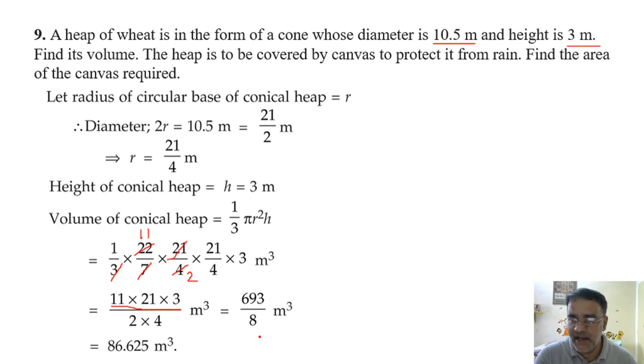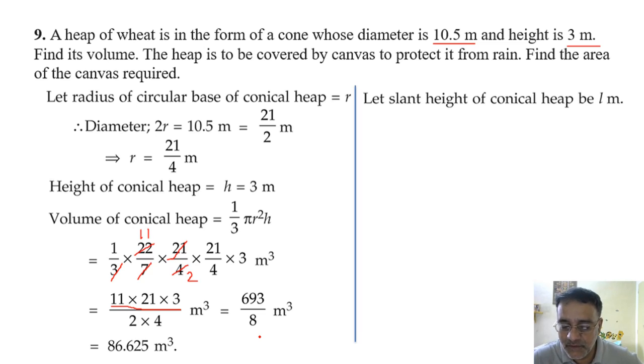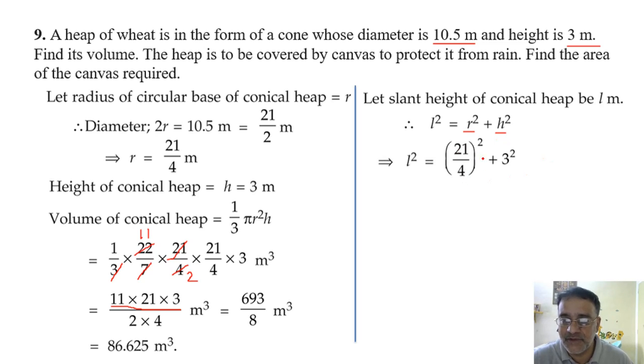No, sir. Now we have to find the area of canvas required to protect it from rain. So for that we require L, the slant height. So let the slant height be L. Now we know that the formula of slant height is L square is equal to R square plus H square. Now R is 21 by 4 and H is 3. So 21 by 4 whole square plus 3 square.